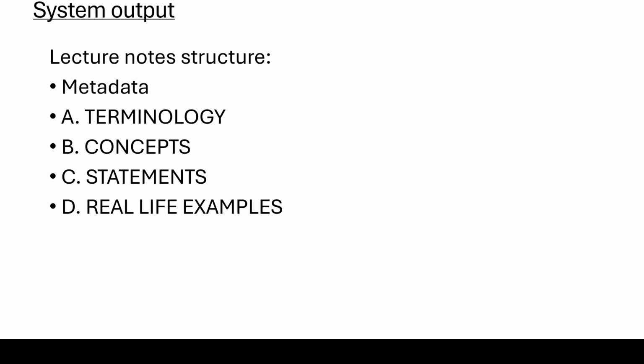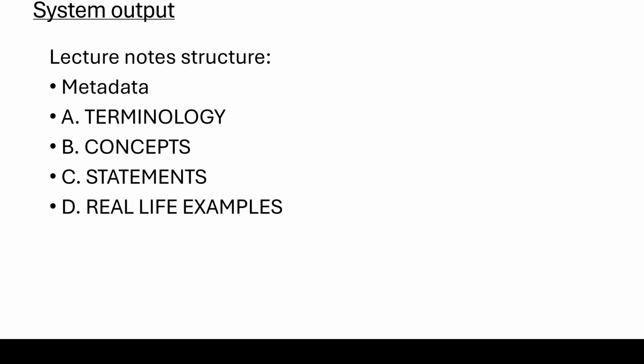The first is terminology, where the tool has identified and defined essential terms from the lecture. So this process had involved the extraction of technical jargon and key concepts, followed by concise definitions to establish a common understanding.